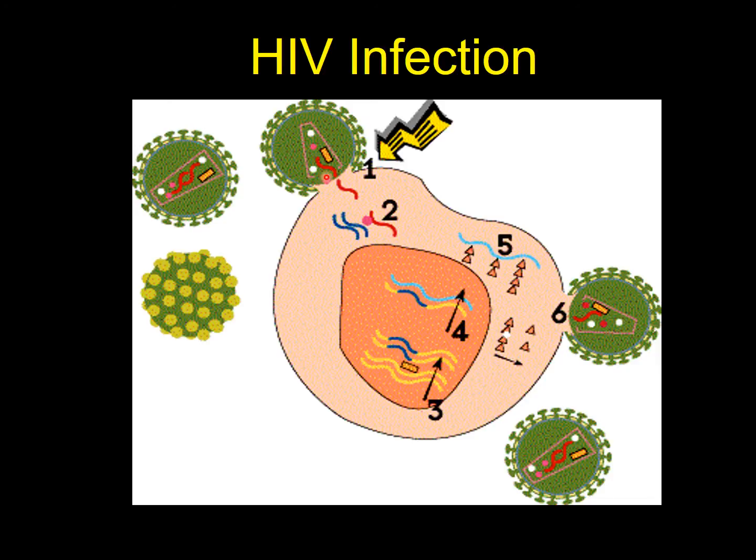When the virus attaches, when it enters the T cell, it unwinds, it makes a DNA version. That DNA version integrates into the host cell. That viral DNA is now transcribed and translated into new HIV protein, and then it is ejected or exocytosed. 1, 2, 3, 4, 5, and 6. These are all targets of therapy.